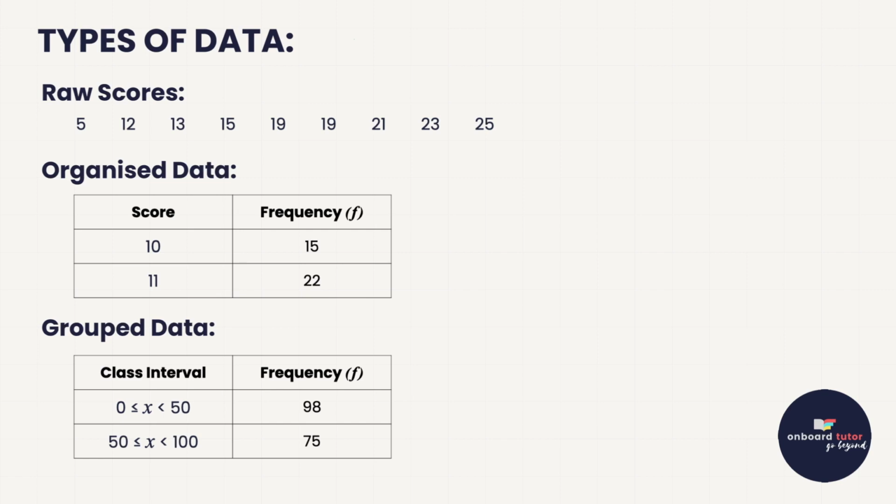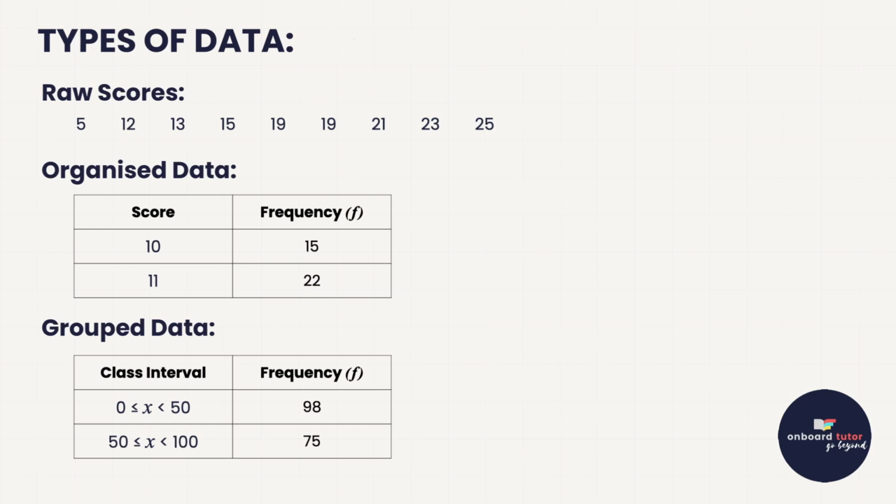Okay, this organized data is not necessarily the same as grouped data. Here, let's say I've held a competition for the past 2 weeks, and certain students in my class have won 10 times, and certain students have won 11 times. And then there's a frequency. 15 students got a score of 10, and 22 students got a score of 11.